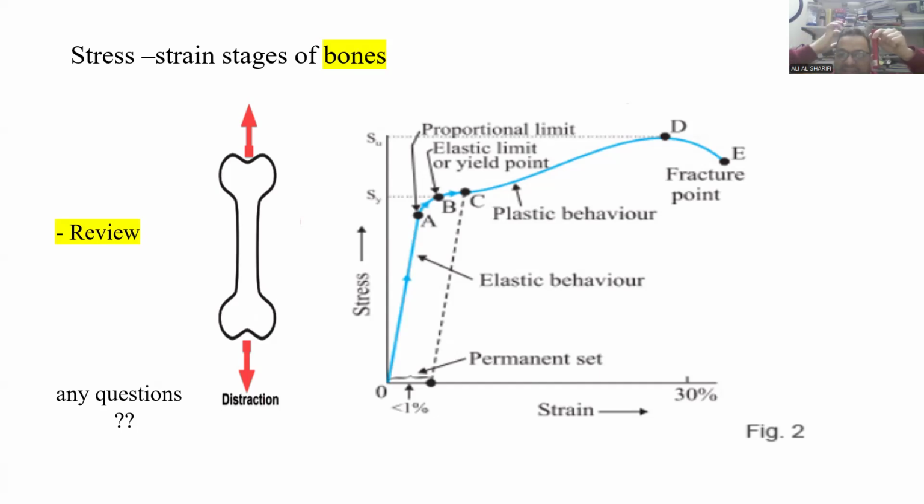What does that mean? At the elastic region, when I unload this force, this bar will come back to its shape without any shape difference. But by increasing a little bit, it will go from B to another point, C. By that, the first shape difference starts.